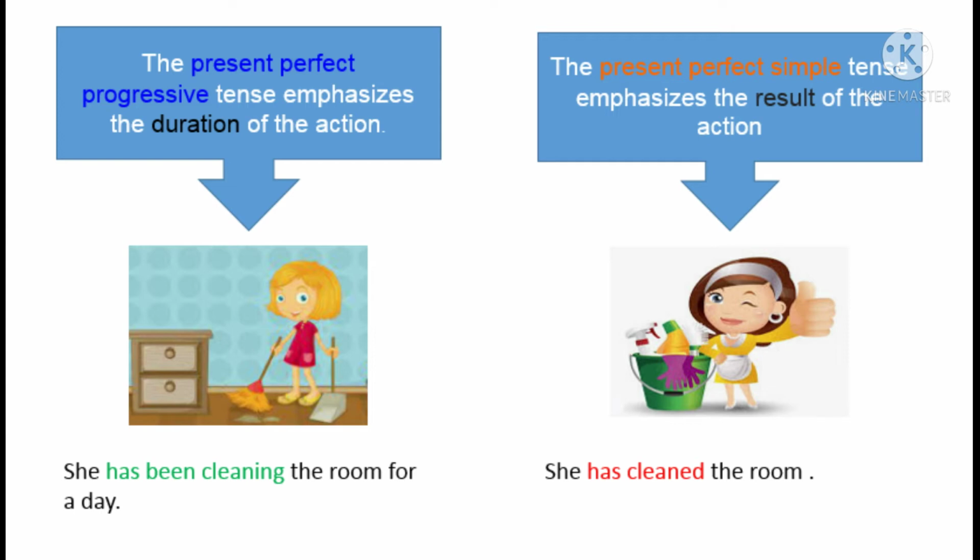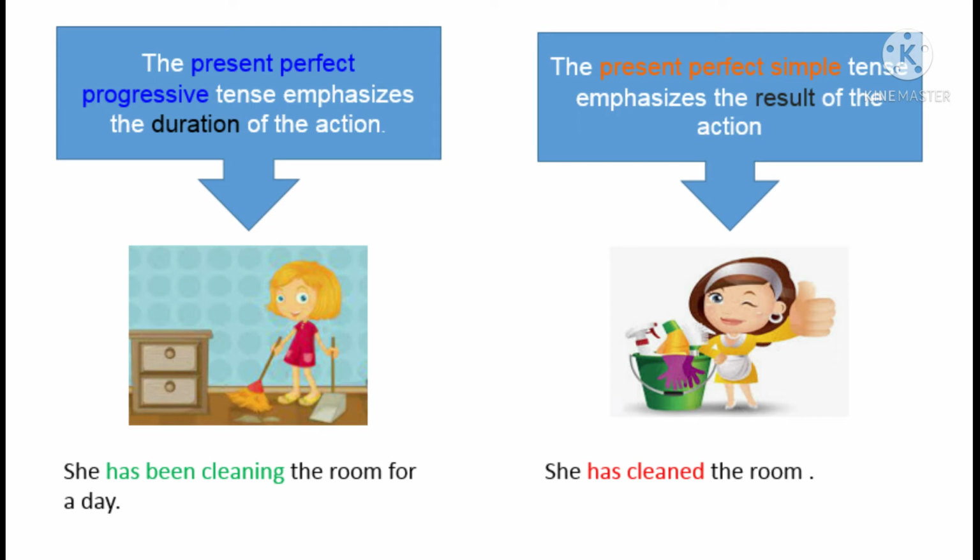A day, it tells us how long was the duration she has been doing that action. And we don't care whether the room is clean now or already dirty. We just care about how long she has been doing that action.